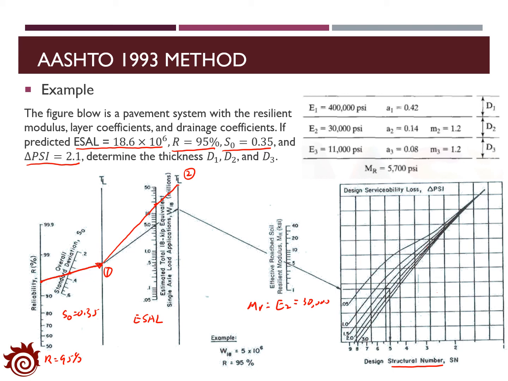In this case, that will be the point here. Then we can try to connect point 2 with the point in the resilient modulus scale, and it will reach the third point.